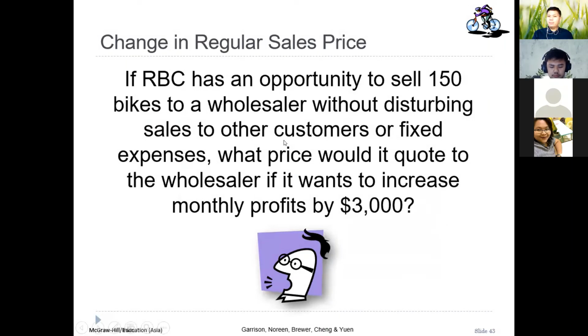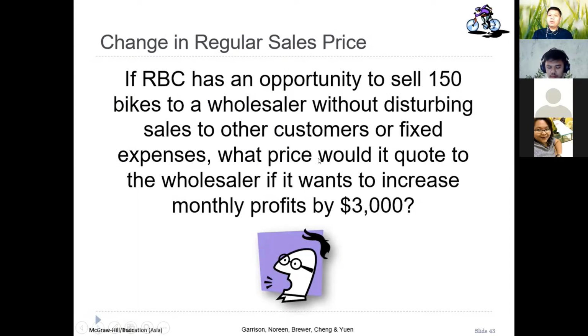Okay, this time, change in regular sales price. If RBC has an opportunity to sell 150 bikes to a wholesaler without disturbing sales to other customers or fixed expenses, what price would it quote to the wholesaler if it wants to increase monthly profits by 3,000? Okay? Just to understand it, you can sell now additional 150.